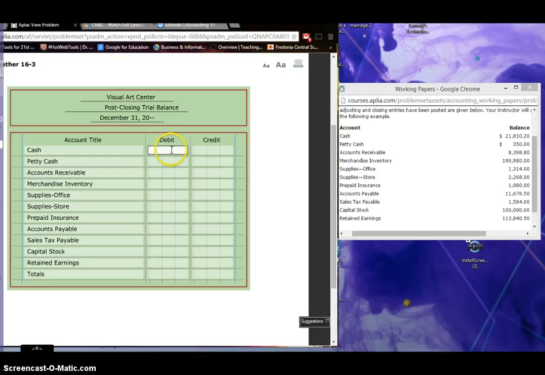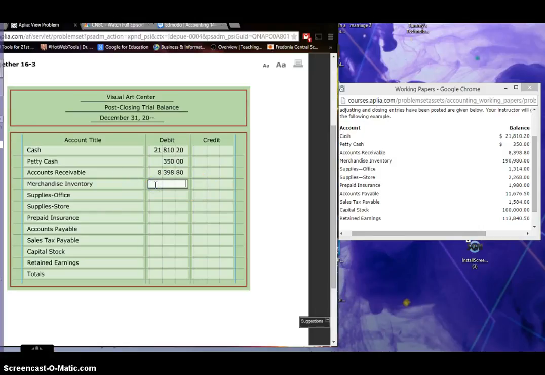We know that cash has a normal debit balance, so that is going to be in the debit column, $21,810.20. We know petty cash is also an asset, $350. Accounts receivable is the money people owe us, so that is an asset, $83,998.8.